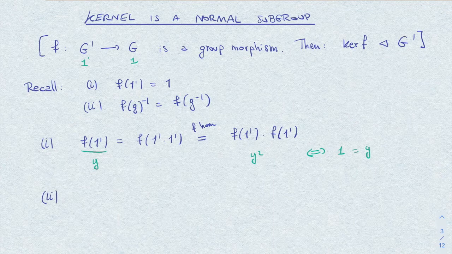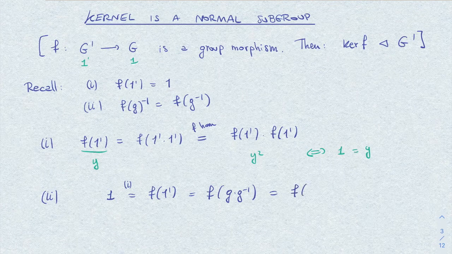So now for 2, I will apply the fact from part 1 that we can write 1, the identity in G, as f of 1 prime. And so for any g, this is f of g times g inverse.